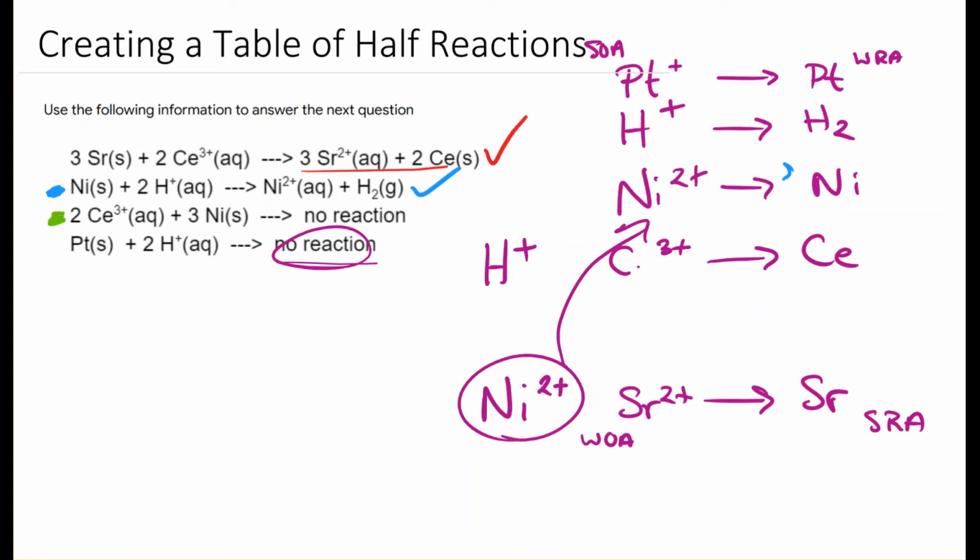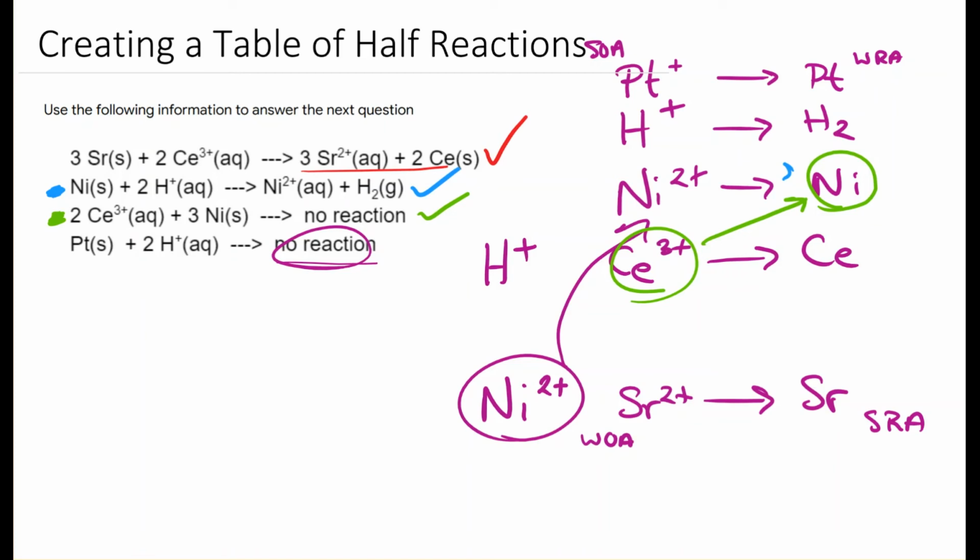Okay, let's do this in green. Find cerium ions right here, and find nickel atoms. Is this a spontaneous reaction? No, and that's good. We don't see a reaction. That's non-spontaneous. So far, the table that we made is matching with the information that we're given.